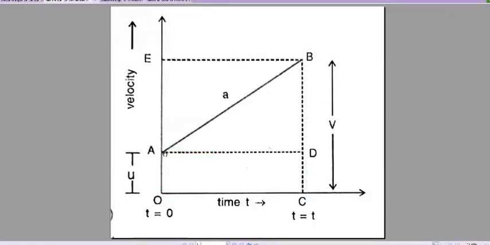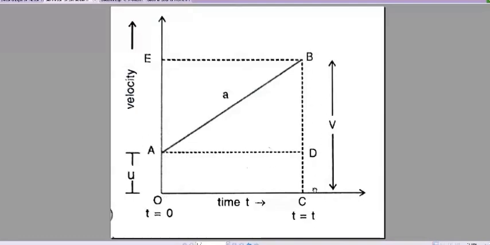Let's understand. See, this OA is initial velocity, and from this point the velocity is changing. So in the final velocity, this DC is actually initial velocity. The reason is simple: DC is equal to OA, and OA is initial velocity.